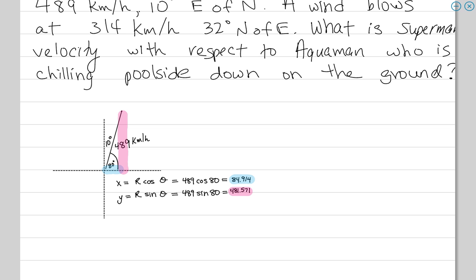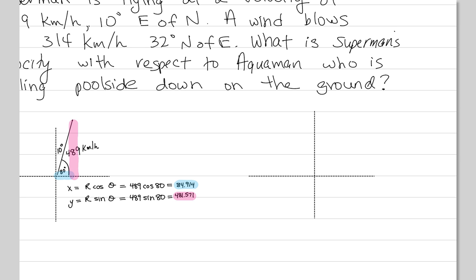Now let's do it again with the wind. What's the wind doing? 314 kilometers an hour at an angle of 32 degrees north of east. So where's north of east? Same quadrant, right? We can draw in the vector.